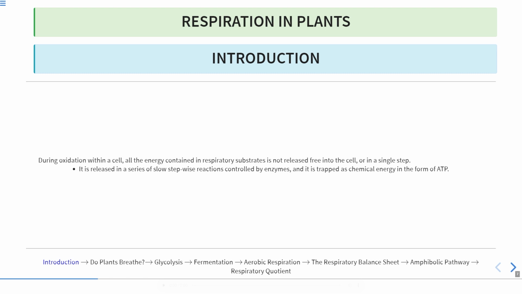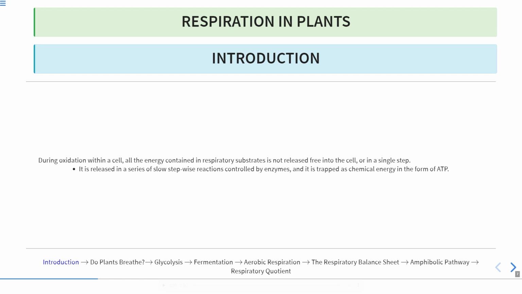I've already told you that the whole respiration process does not occur in just one single step. It is a series of reactions, released in slow stepwise reactions controlled by enzymes. So every reaction takes place in the presence of some specific enzymes.